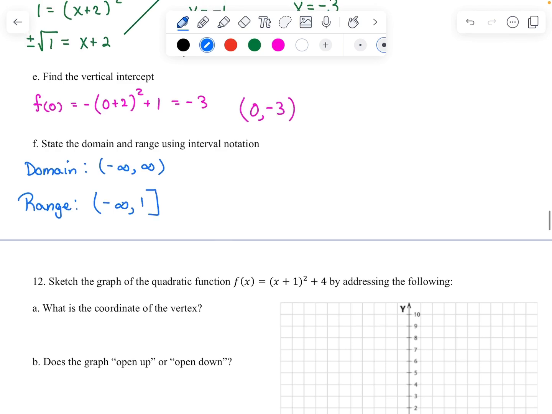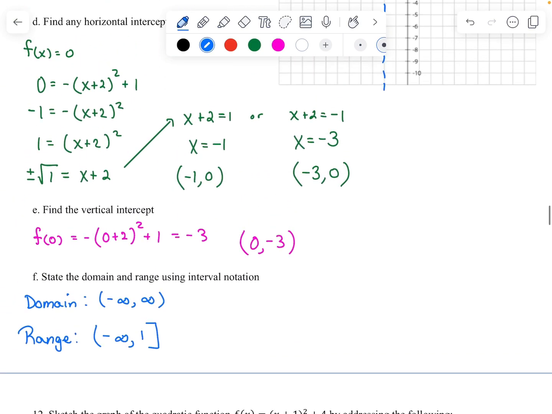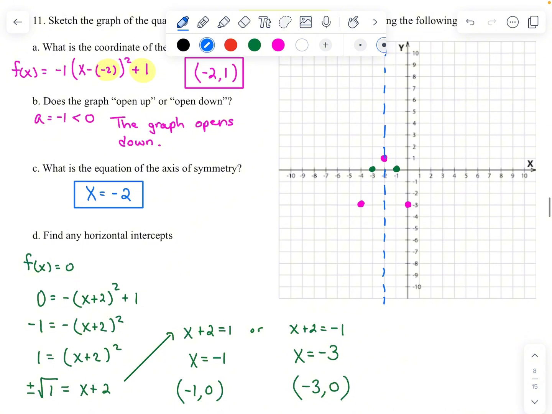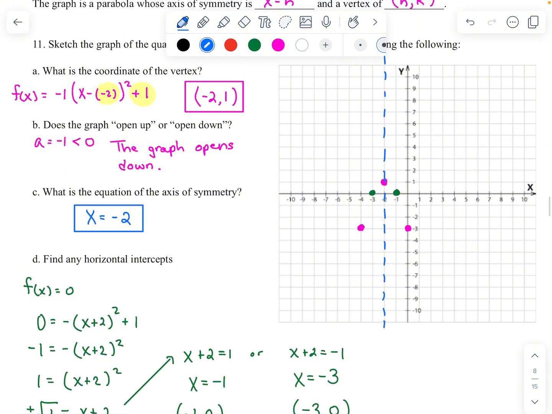Okay, so now that we have all of this information, we can graph the parabola. We have 5 points on there, so that should be good enough. You can go ahead and maybe evaluate a couple more points if you like. If you evaluated f of 1, you're going to get negative 8. And we can place another coordinate here at (-5, -8).